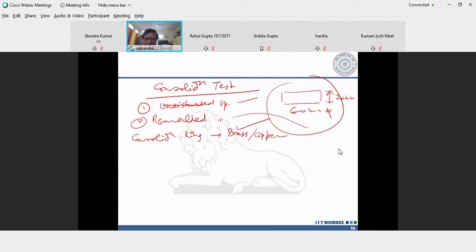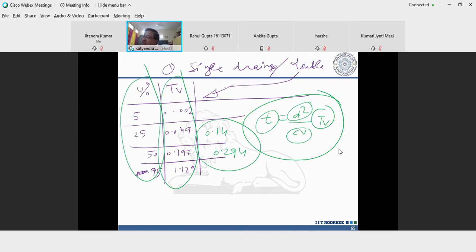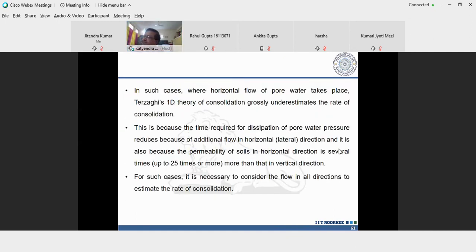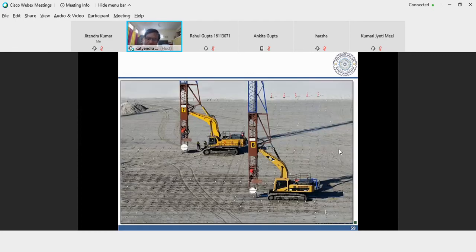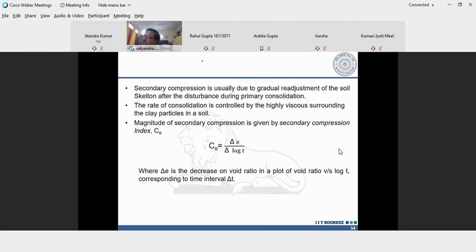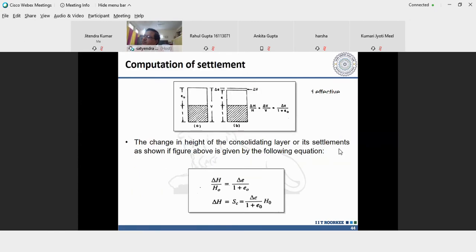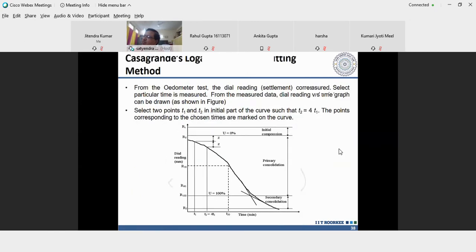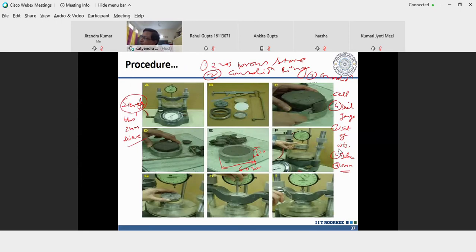Now, if I show you that picture again, yeah. From this you can make out the top porous stone.